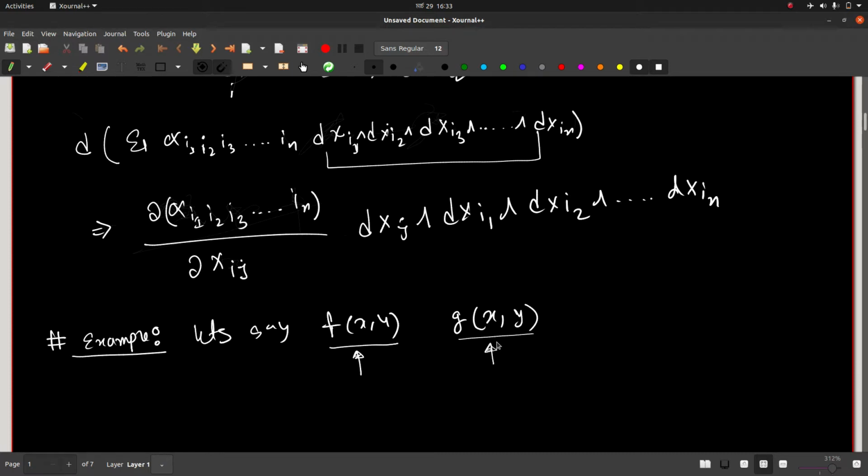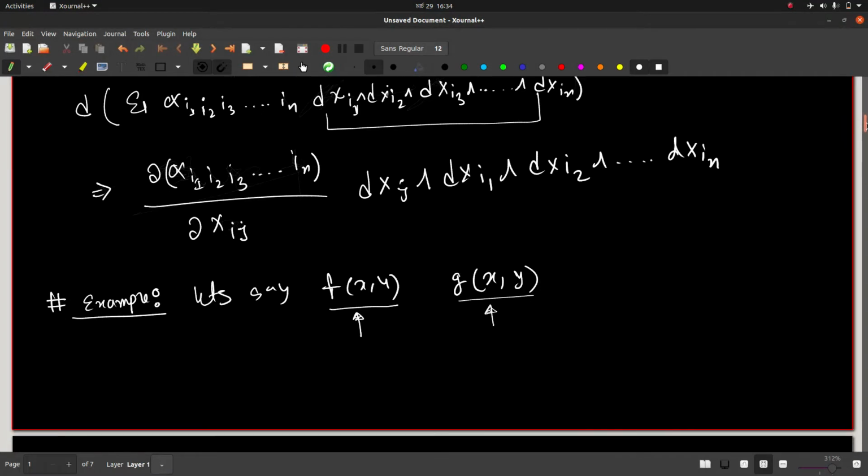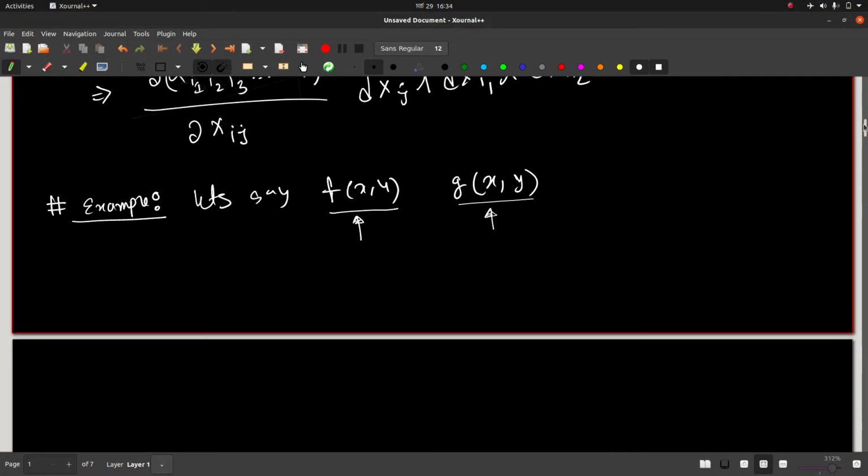So let's consider a very simple thing: what is df wedged with dg, which we learned in our previous lecture is a projection of the area? We want to compute this quantity.